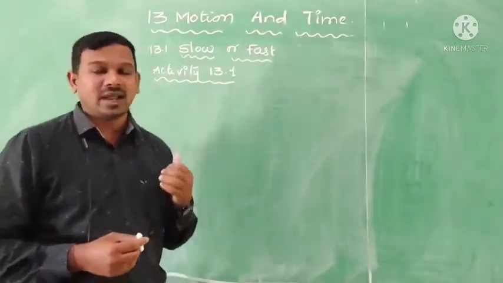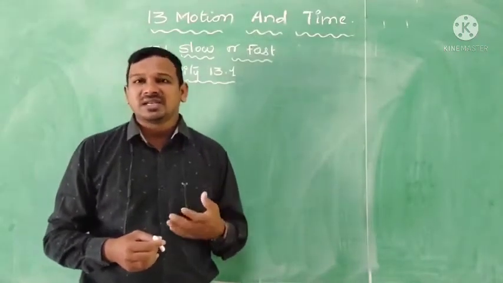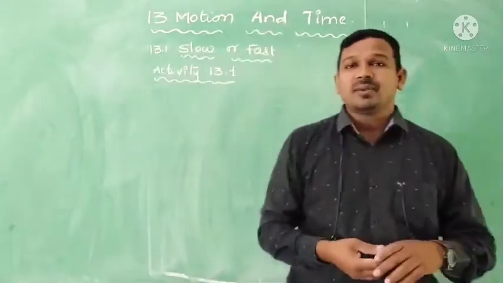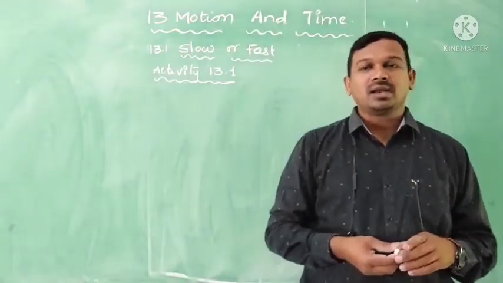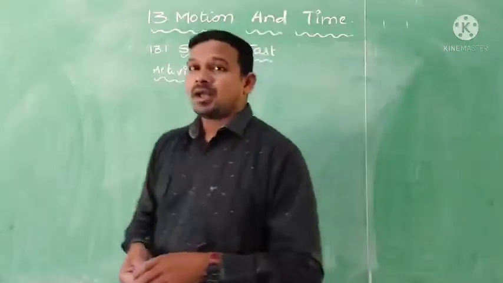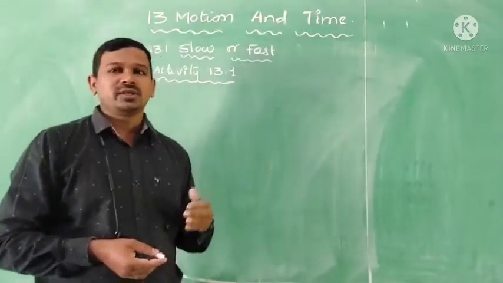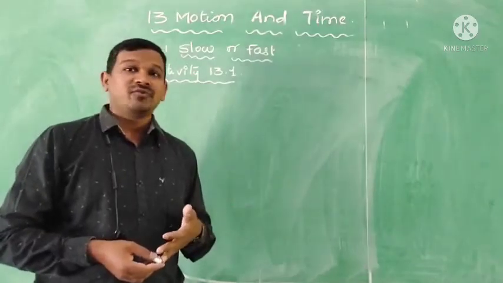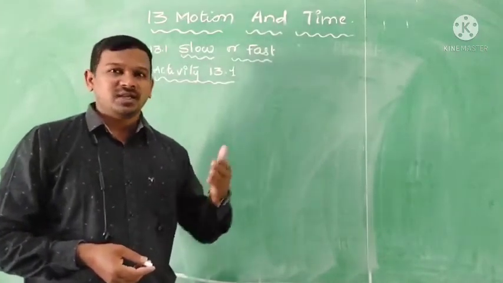Now we are going to do one activity, and based on it you will get clarity. In this activity, we are observing a road. On the road, there are three cars: car A, car B, car C. They start at the same time and need to reach the destination. The car that reaches the destination first, we can say that car is very fast.